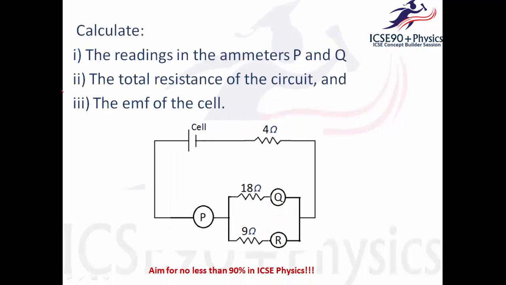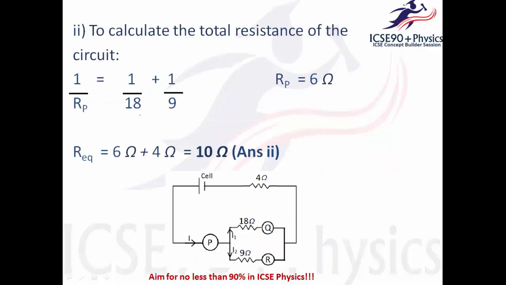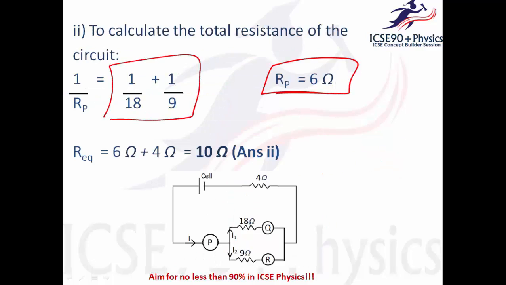Now, secondly, we are asked to calculate the total resistance of the circuit. Very easy. These two are connected in parallel. So the equivalent resistance for this parallel circuit would be 1 upon 18 plus 1 upon 9, that is 1 upon 6, or Rp is simply 6 ohms, right?